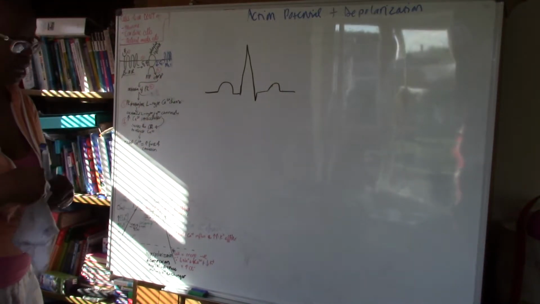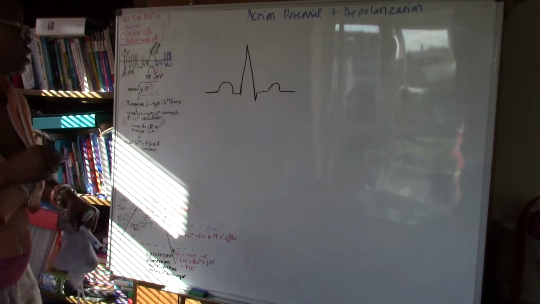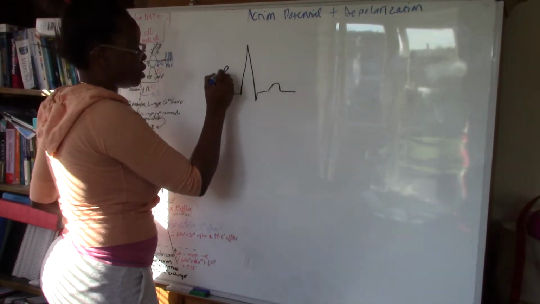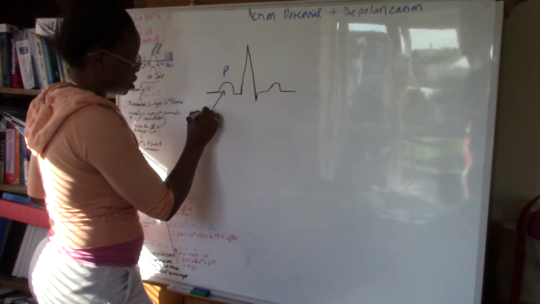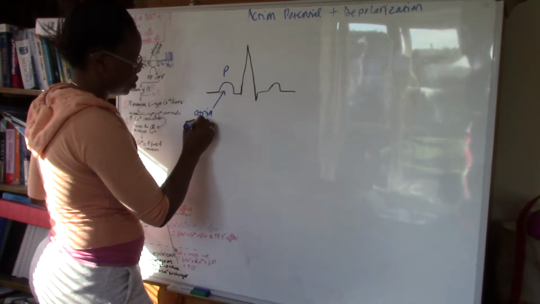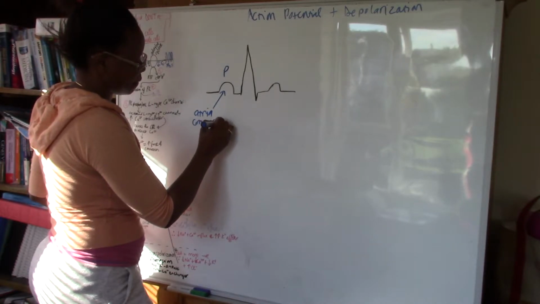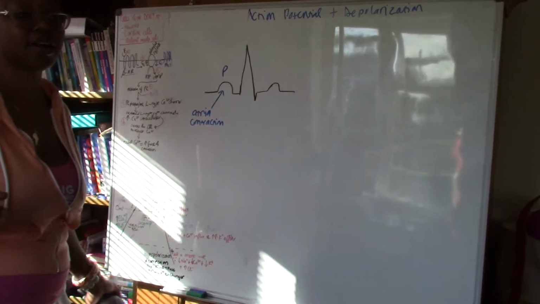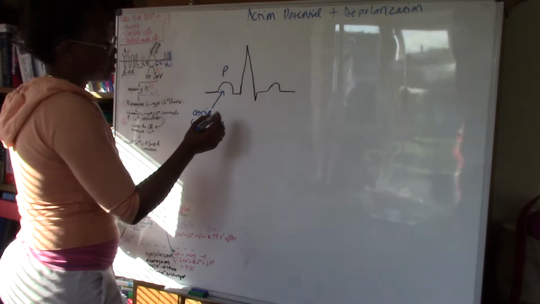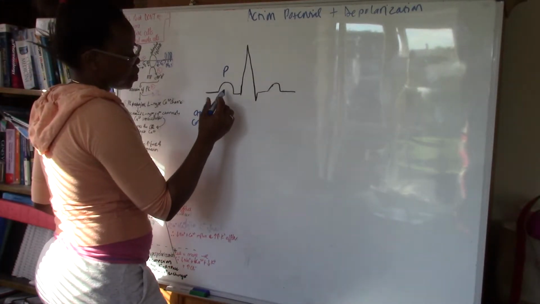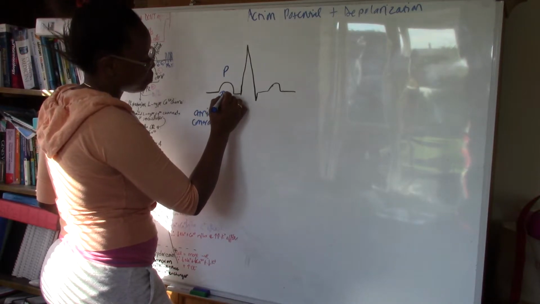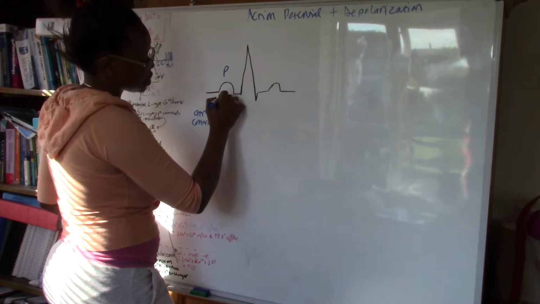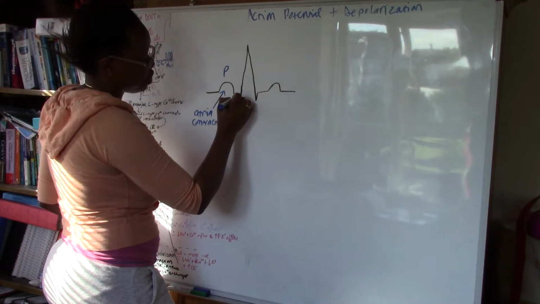So in terms of naming the ECG components, we'll have a P wave. A P wave is atrial contraction following the impulse generation from the SA node. And then as atrial depolarization proceeds, we'll have the impulse traveling to the AV node.